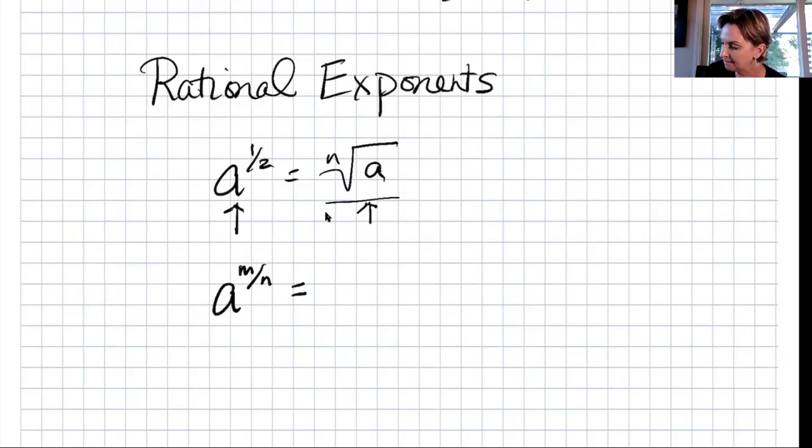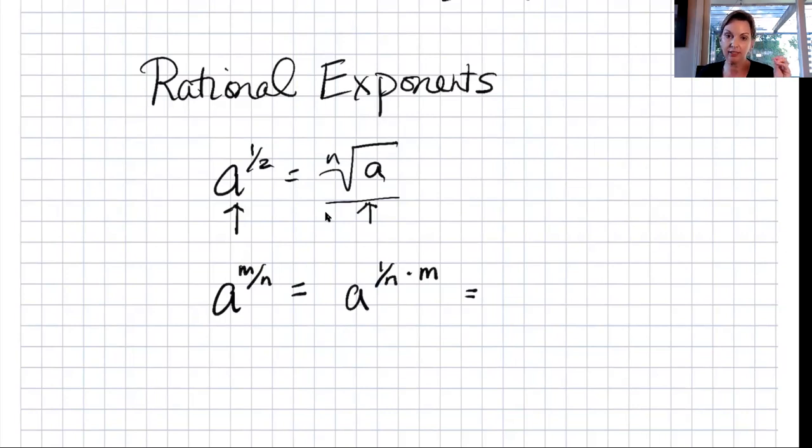We can say the nth root of a. So let me write one more intermediate step here, because this is 1 over n times m. It's that fraction times m. So we can write this two ways.